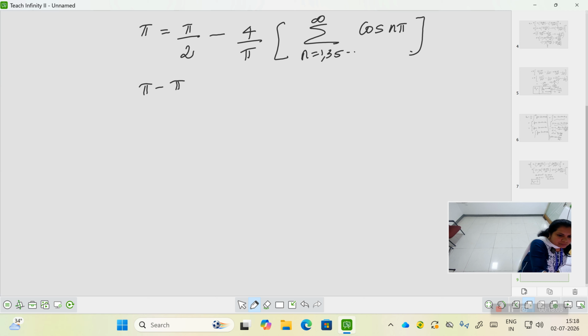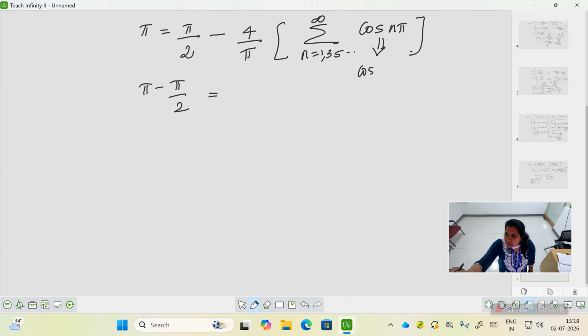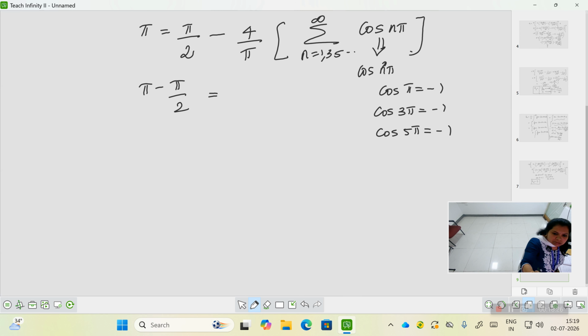Okay. Now you bring this pi to the other side and you get a negative value. Here also you get a negative value if you substitute cos n pi. That means n value is 1, is it? So you get cos 180 is minus 1. Cos 3 pi also minus 1. Cos 5 pi also minus 1. So all the negative value you take it out.